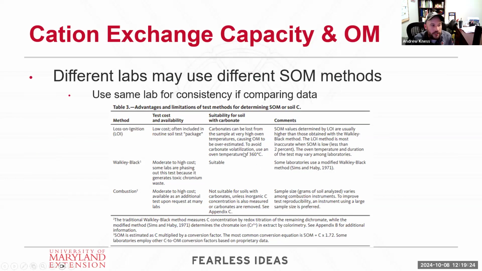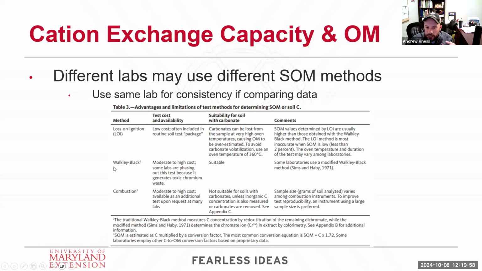The other thing that I should mention about soil organic matter is that the calculation that the lab uses to come up with your soil organic matter, different labs use different methods, all right? Most of the common ones that most of the labs use around here is the loss on ignition method, all right? But there are others, the Walkley-Black method, which is more of a chemical determination of soil organic matter. And there's also a different method called combustion, which is different than loss on ignition.